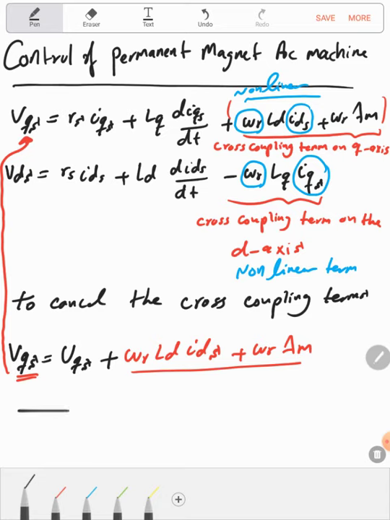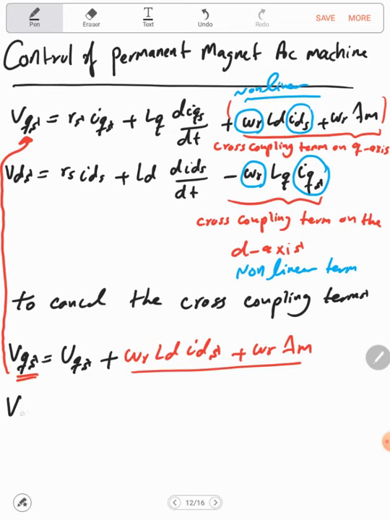So here I will redefine VDS as UDS, a new input yet to be designed, minus omega r LQ IQS, because I need to cancel it.